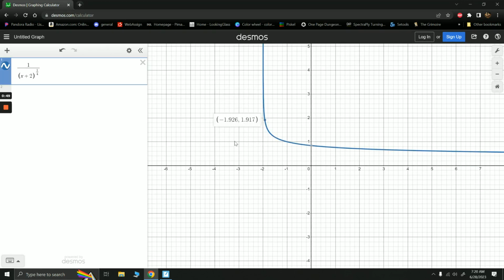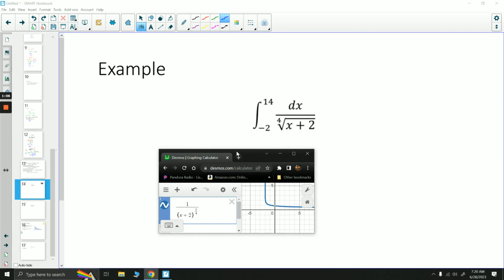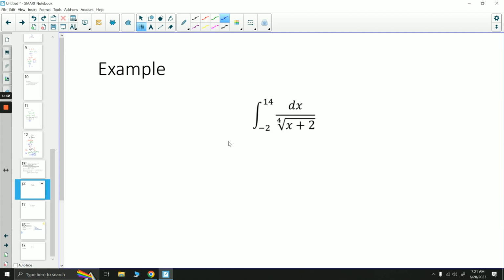So anything past it no longer works because it's the fourth root, and those would then be negative, and an even root of a negative is on the complex number line. So we can only approach this from the right-hand side. So we're looking at it from negative 2 to 14, or specifically, from 14 to negative 2 from the right-hand side is another way to think about it.